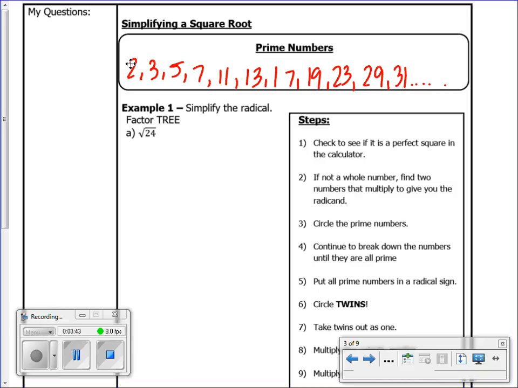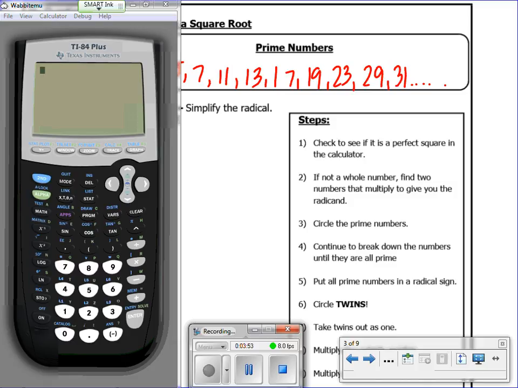In order to simplify a radical, you can see that there are steps here. The first thing you want to do is check to see if it is a perfect square in your calculator. To do this, we press second, x squared, and then plug the number in.